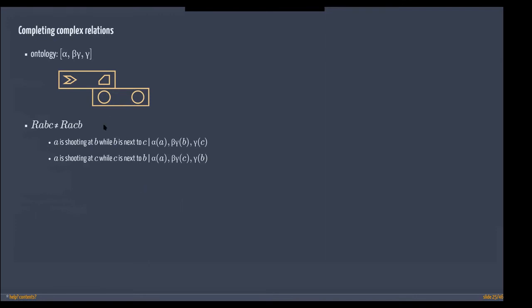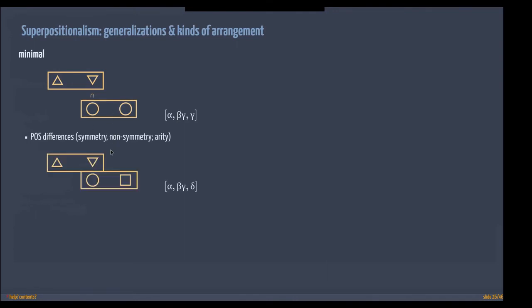And so these are two distinct states of affairs that we get by assigning an object to a position or to a superposition. I would like to generalize this a bit. The basic principle is having the identical object assigned to distinct positions to count as an assignment to a superposition. And we can build a lot of stuff with it. Of course, this, what looks a bit like a Tetris piece, is just two binary relations that have one superposition.